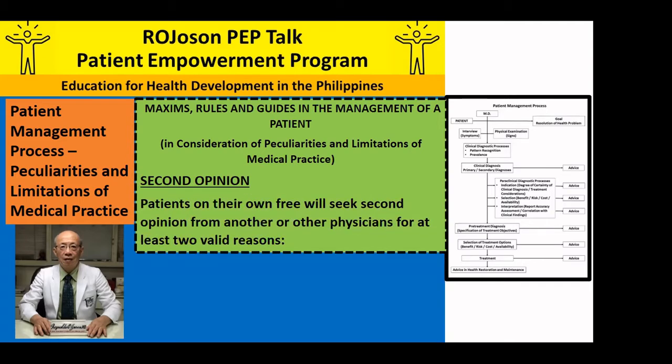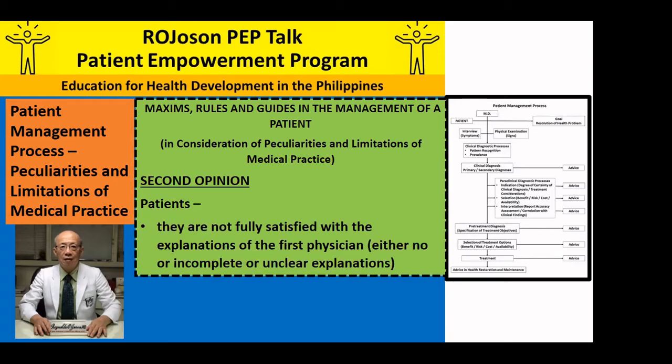Patients, of their own free will, seek a second opinion from another physician or other physicians for at least two valid reasons. The first reason is they are not fully satisfied with the explanation of the first physician, either because there is no explanation or an incomplete or unclear explanation.